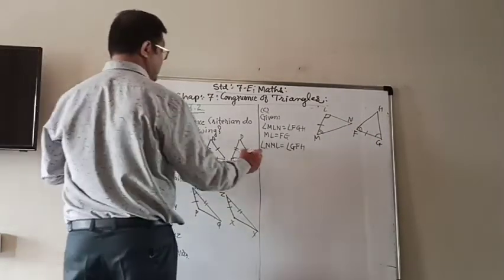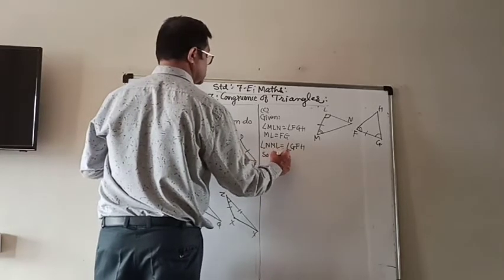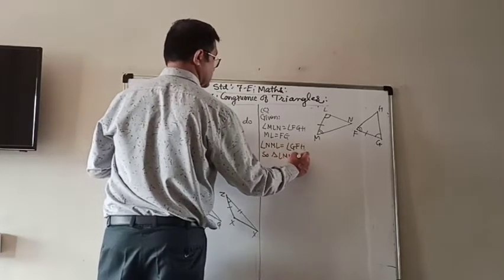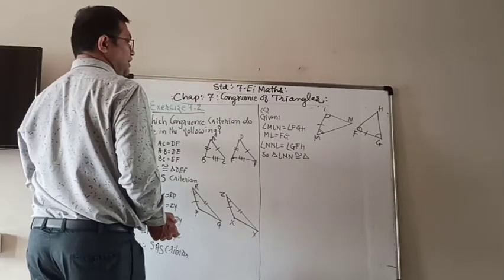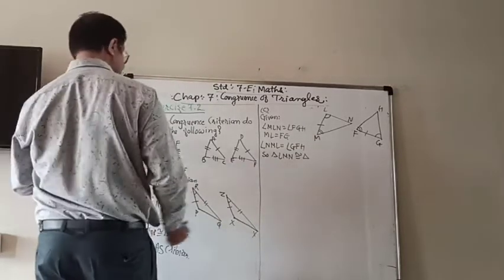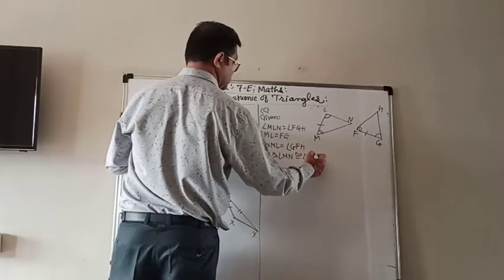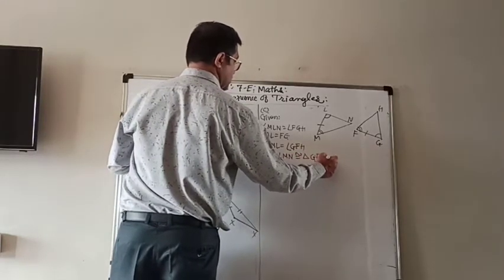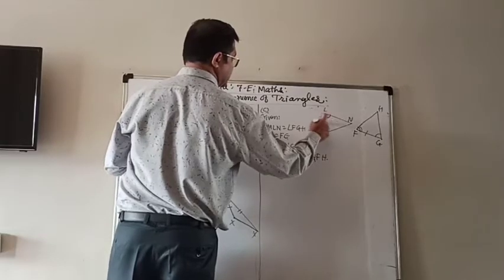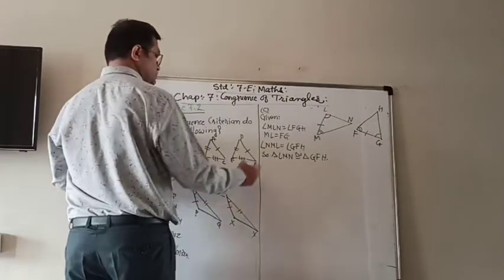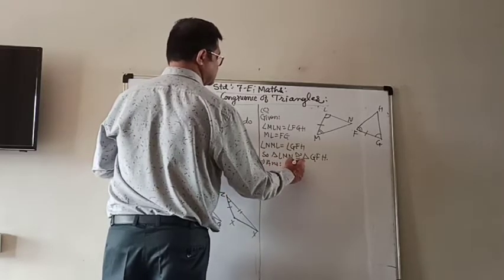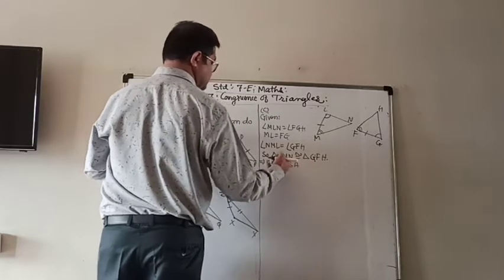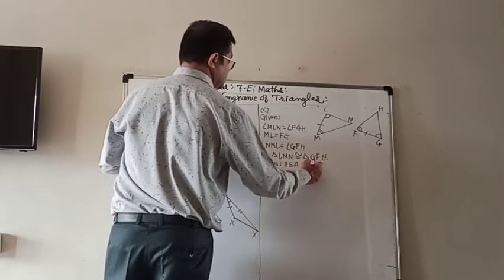So triangle LMN is congruent to triangle GFH. So here you can see that two angles and the included side are there. So the answer is which criteria? Angle, side, angle, ASA criteria.